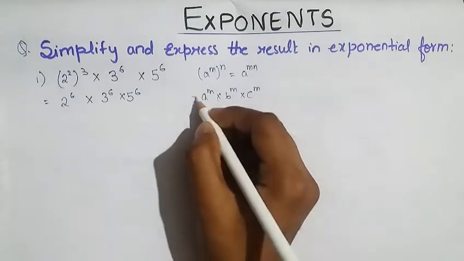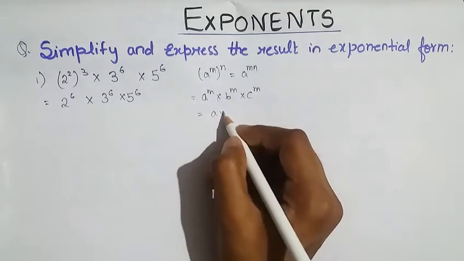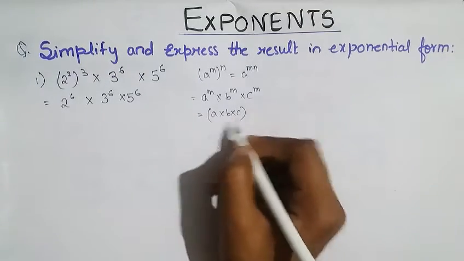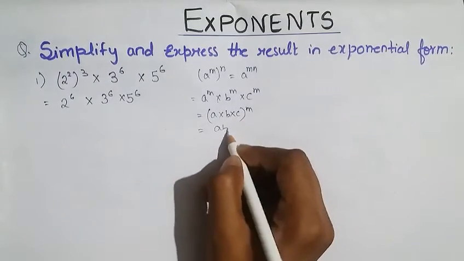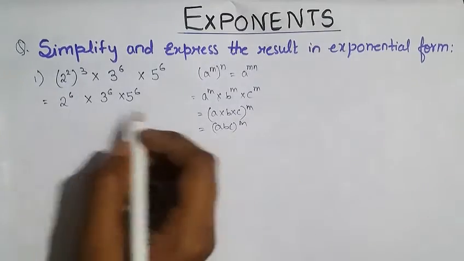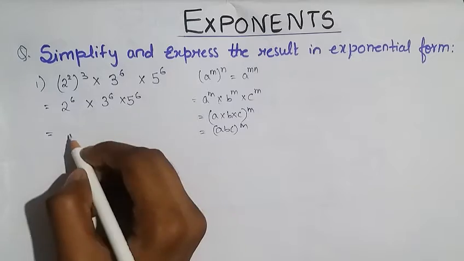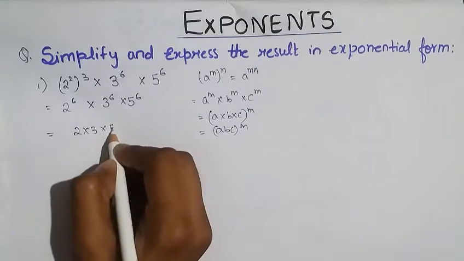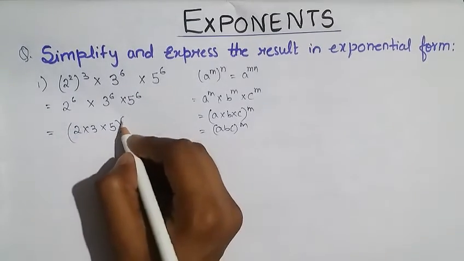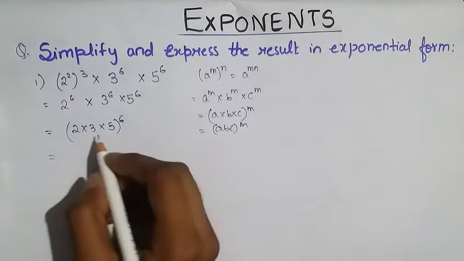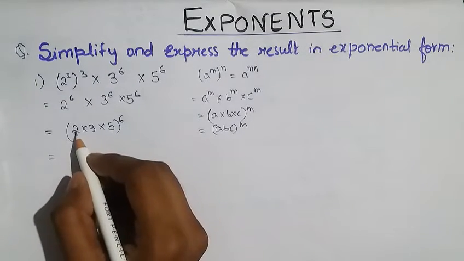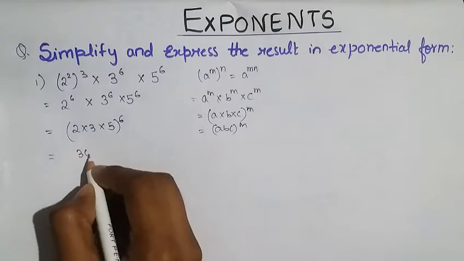So this can be written as a into b into c whole to the power m, which is equals to abc whole to the power m. Okay, so let's apply it here. So we will multiply the three numbers, which is 2 into 3 into 5 whole to the power 6. Now this will be equals to 5 3s are 15, 15 2s are 30, 30 raised to the power 6.